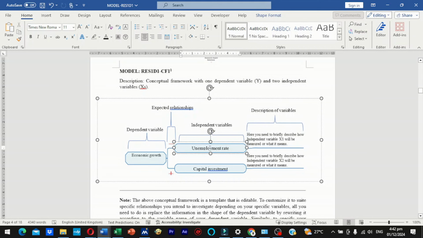Then if you're looking at capital investment, you may suggest that another theory, say the Solow-Swan 1956 growth model by Robert Solow and Trevor Swan, guided you on including capital investment as a potential variable that can explain economic growth in your country.